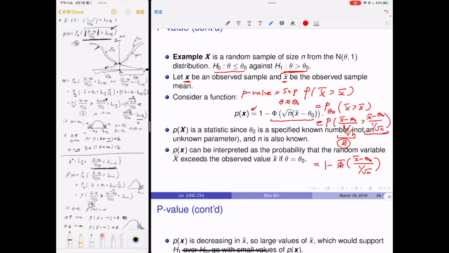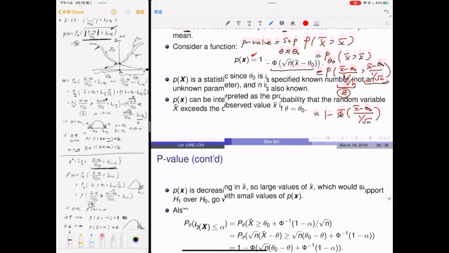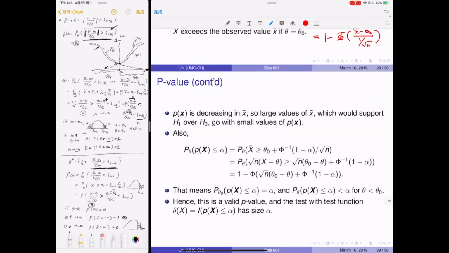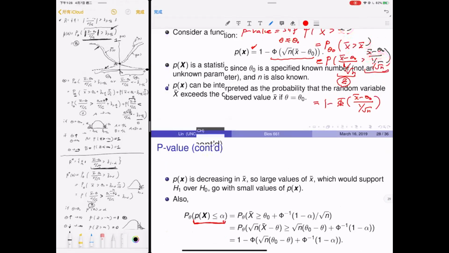And then I'm going to show that this is my decision rule, as long as you collected your sample.